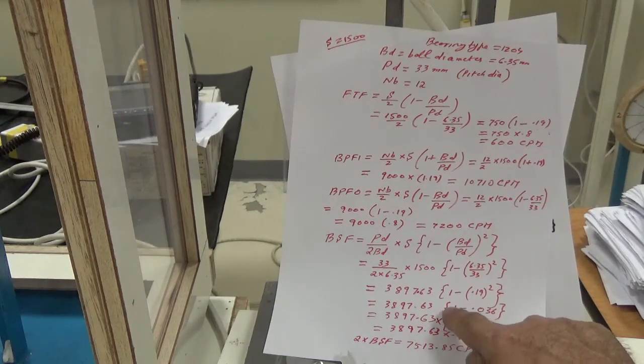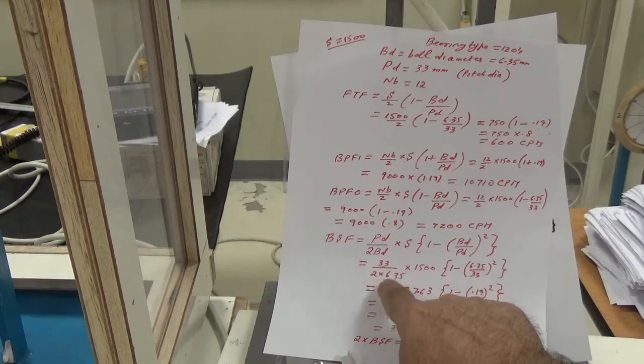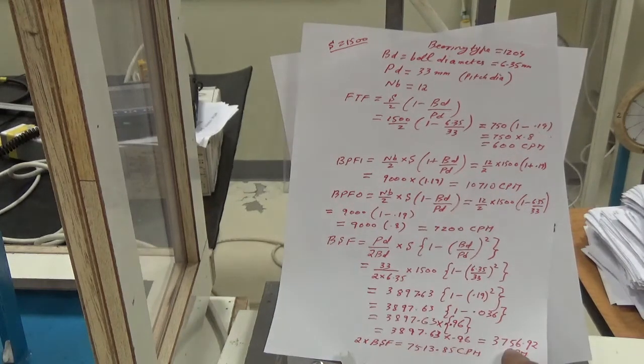Then 1 minus 0.036 becomes 0.96, multiplied by whatever you get from here, and your answer is coming 3756.92, and then you multiply it by 2. These are the frequencies which you can calculate by these bearing formulas.